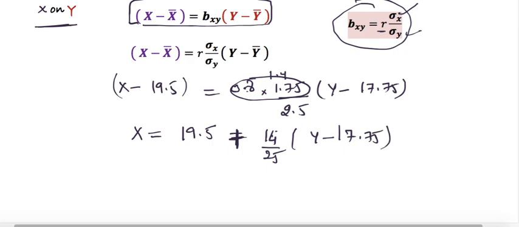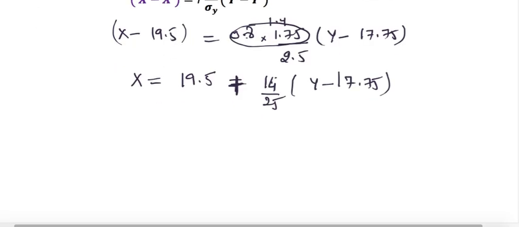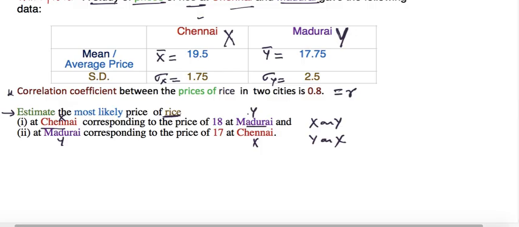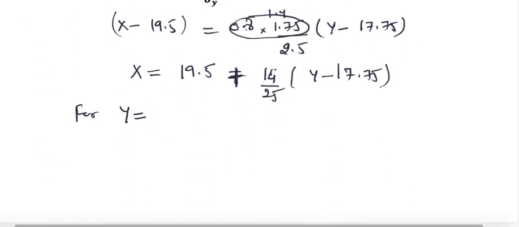17.75. So what we can do at this stage, because in this question they are only asking us to estimate the value, so no need of finding the equation, we can put the value. We can say that for y is equals to, what is y given to us? Y is equals to 18. For y is equals to 18, what is x?